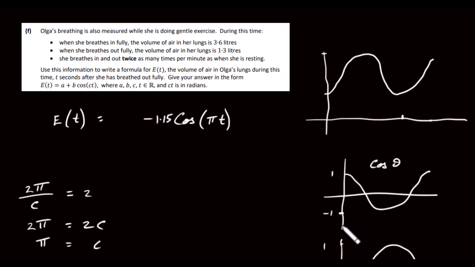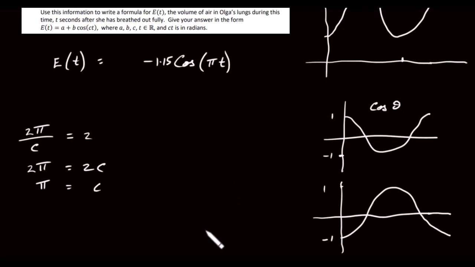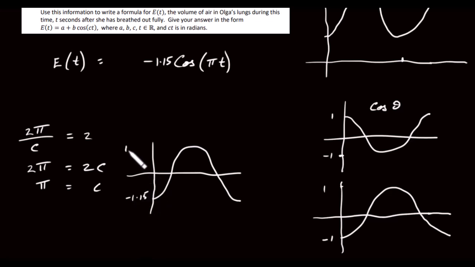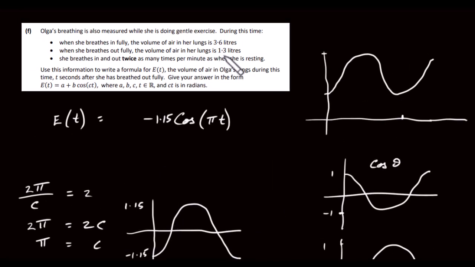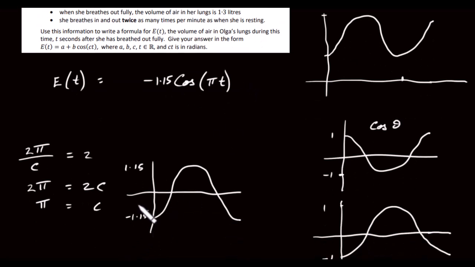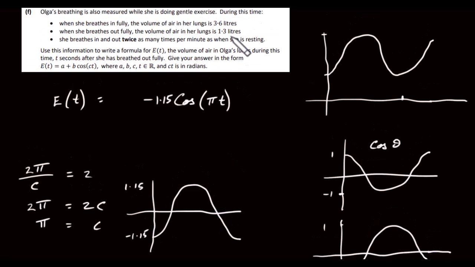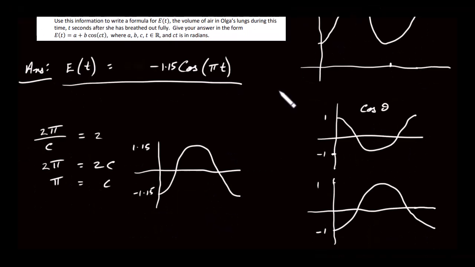So now all we've got to do is work out what A is. So if you imagine now that our function is going to look like this at this stage. We're starting here, up here, down here. This is our cosine function. This here is going to be -1.15, and this is going to be 1.15 here. So what we've got to do is move this up so that it is at 1.3. So we've got to add something to minus 1.15 to bring it up to 1.3. So what distance is that? We'll take 1.3, subtract minus 1.15.